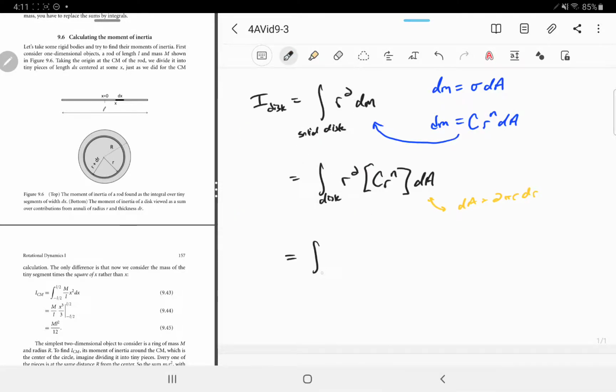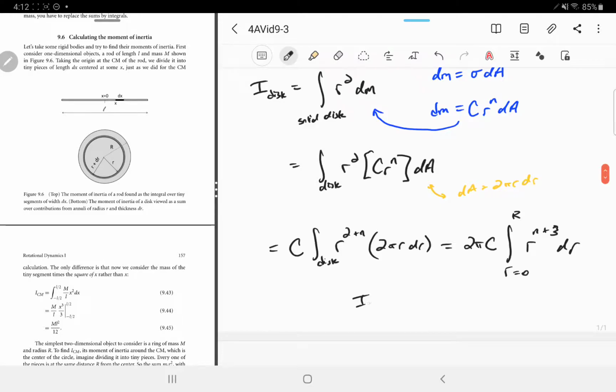So now we're going to integrate over the disk. Actually, we can take out c at this point, and then we have r to the 2 plus n, and then dA is 2 pi r dr. Taking out a factor of 2 pi, we have 2 pi c times the integral of r to the n plus 3 dr. Now that we have something we can integrate, we can specify the limits of integration: lowercase r equals 0 to capital R. So our moment of inertia is 2 pi c times r to the n plus 4 over 4.